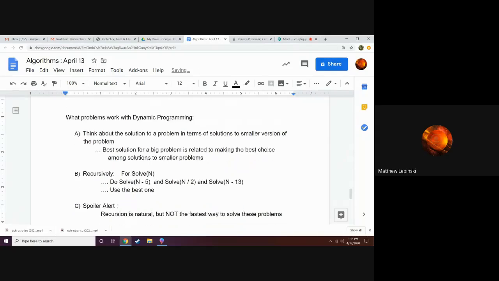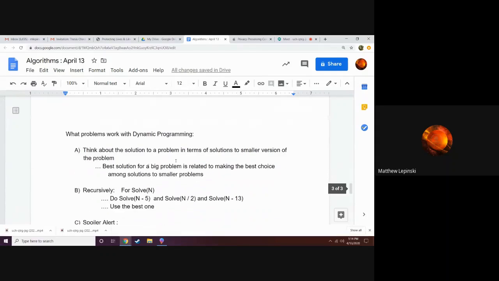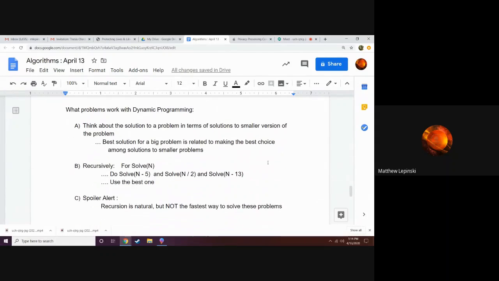But then the last thing I wanted to do here was to talk a bit more about dynamic programming. So dynamic programming is something that we had talked about a little bit last week.